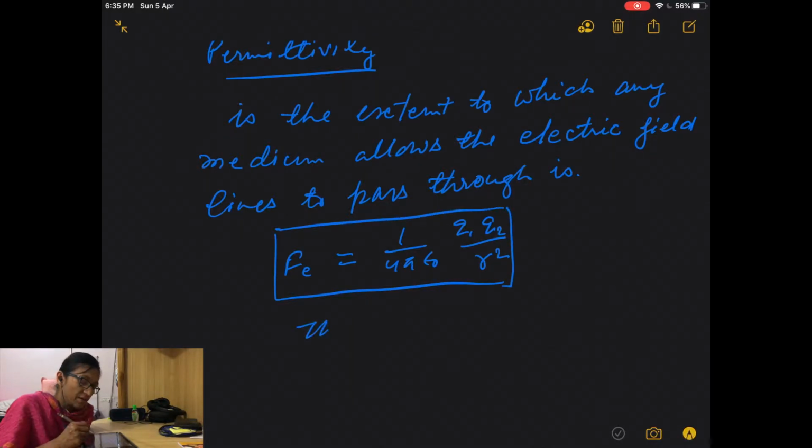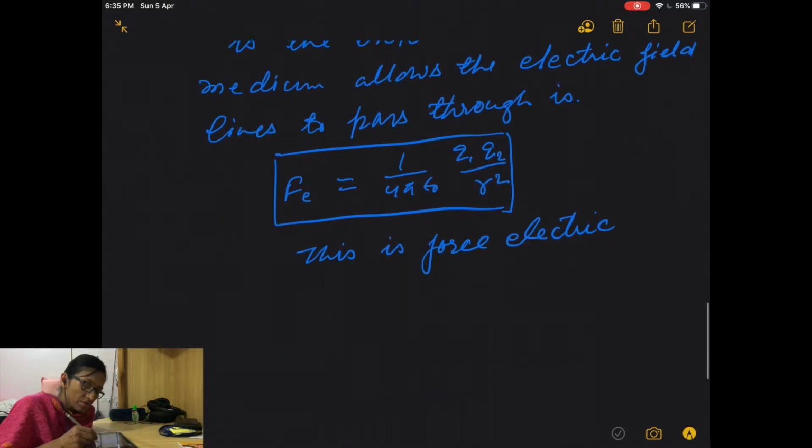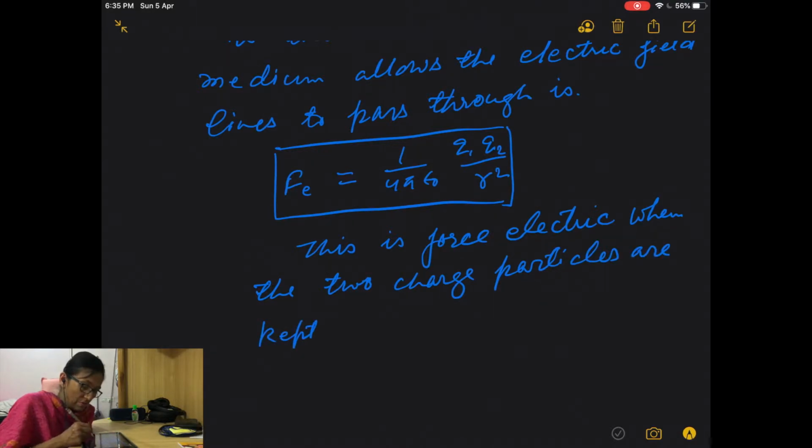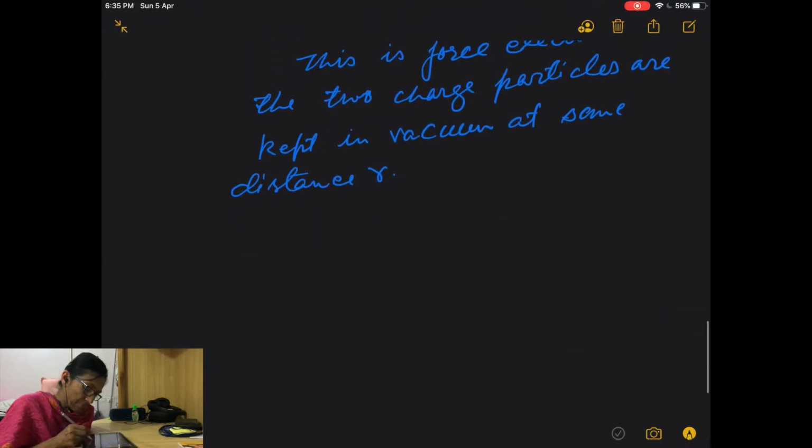This is the electric force when the two charged particles are kept in vacuum at some distance r.